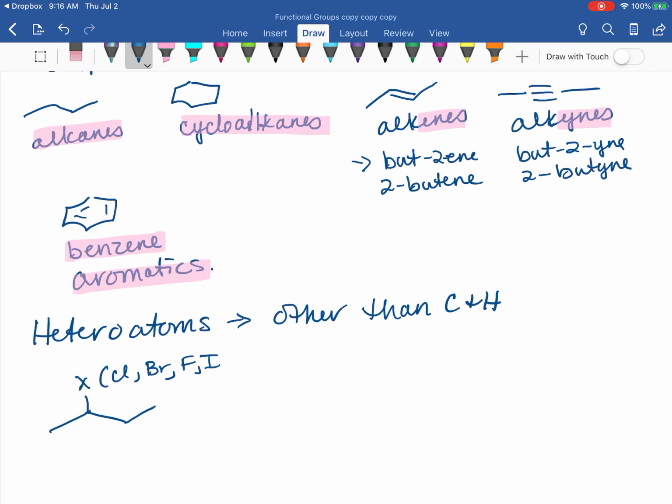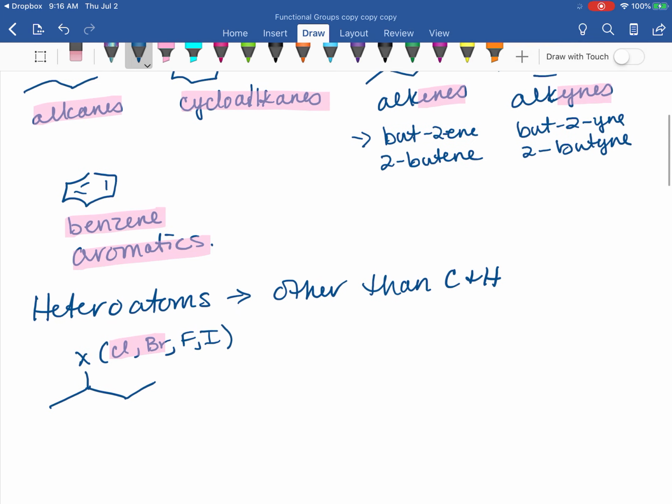And that can be a chlorine, bromine, fluorine, or iodine. However, in our class, we're going to focus on chlorine or bromine. And these are called alkyl halides. And we are going to make those in Unit 3. And then we're going to use them in Unit 3 and beyond.